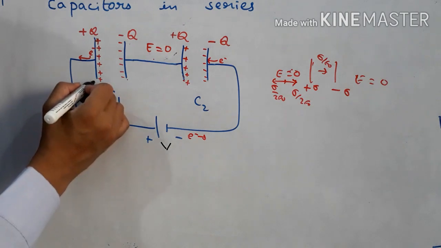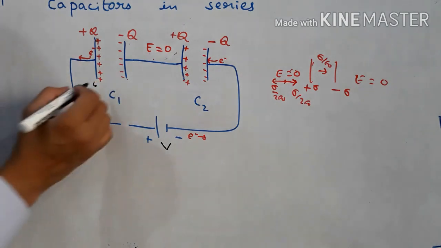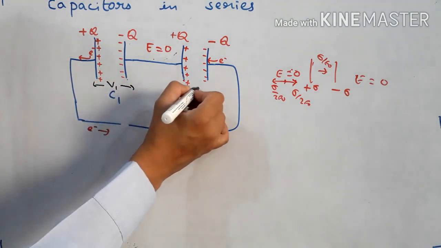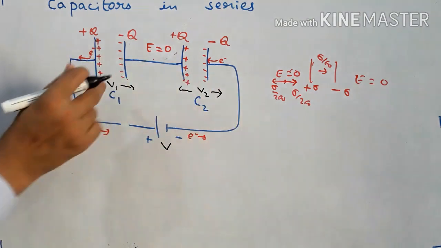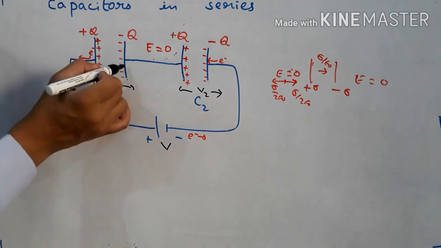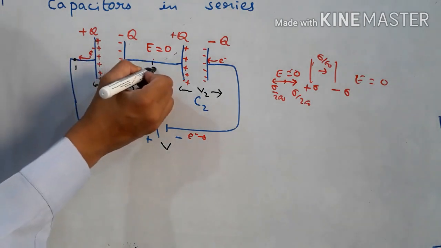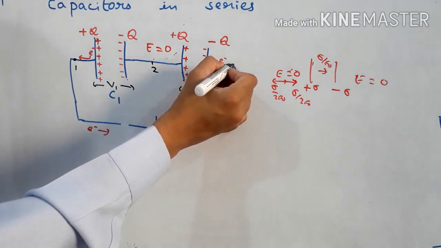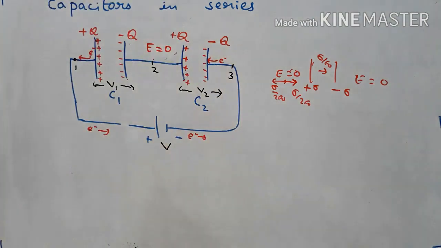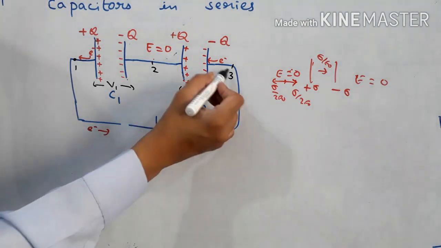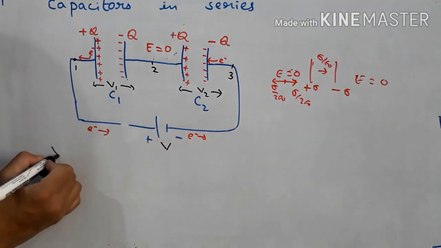Let the potential difference across the first capacitor be V1 and across second capacitor it be V2. Potential difference means this potential minus this potential. Let me call these points as 1, then 2 and then 3. You see, this point 1 is connected to this positive terminal, 3 is connected to this negative terminal. So I can write this V.